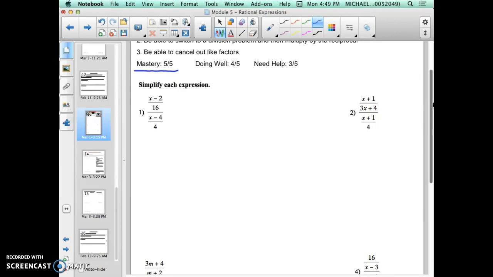So, number 1, to be able to recognize why this is complex, the first thing I would look at is that there seems to be a rational expression in the numerator and a rational expression in the denominator. So we're used to something like this, x minus 2 over 16 divided by x minus 4 over 4. We've seen division problems with rational expressions before, but never written in this format in number 1's case.